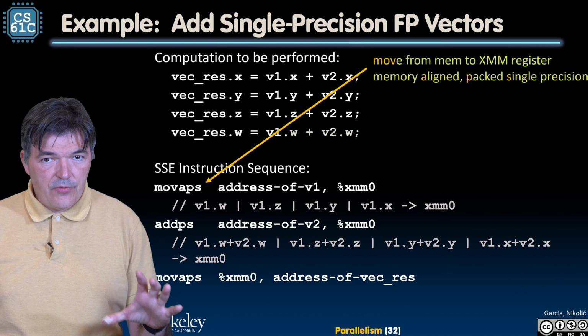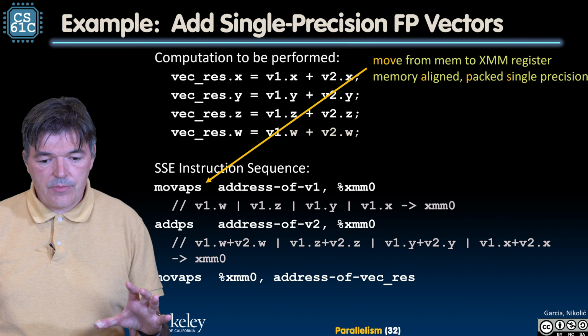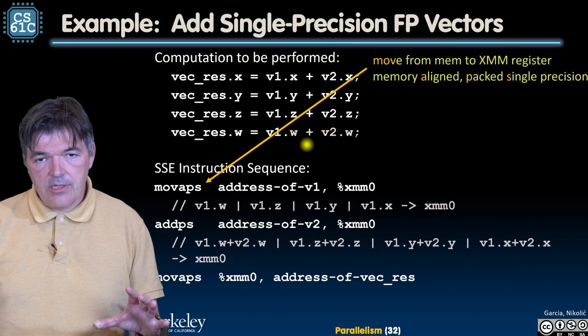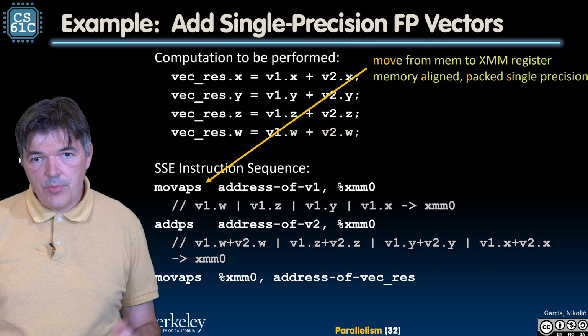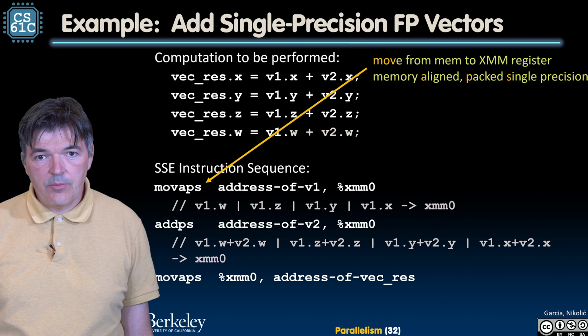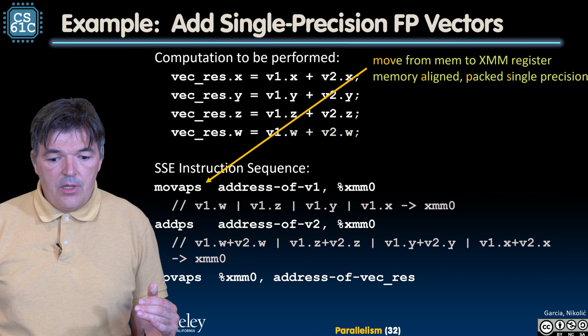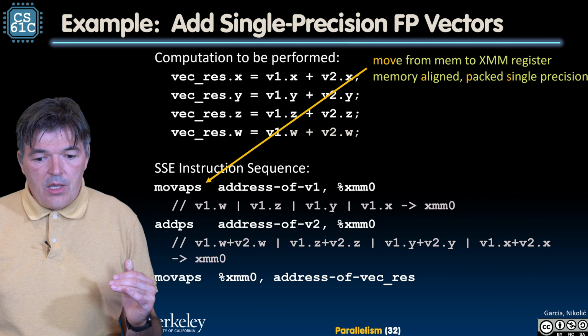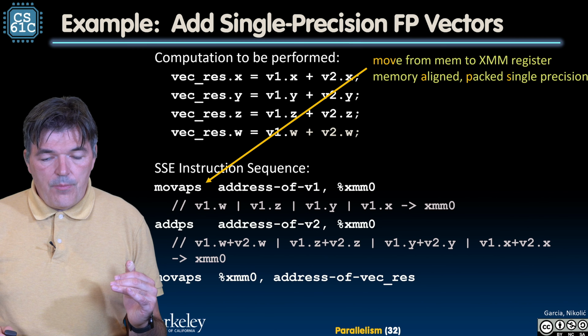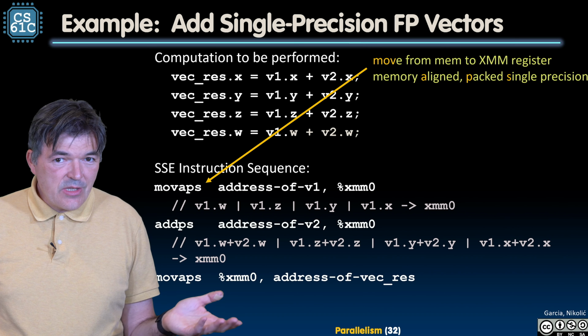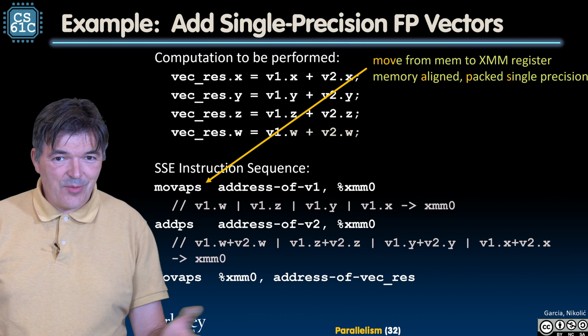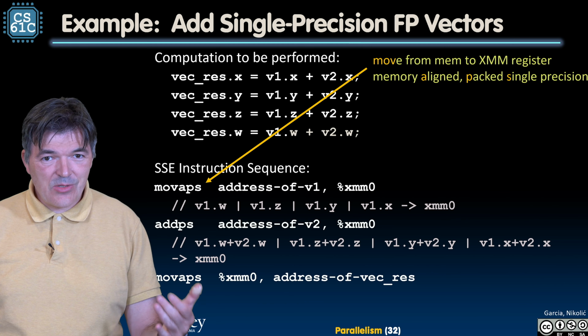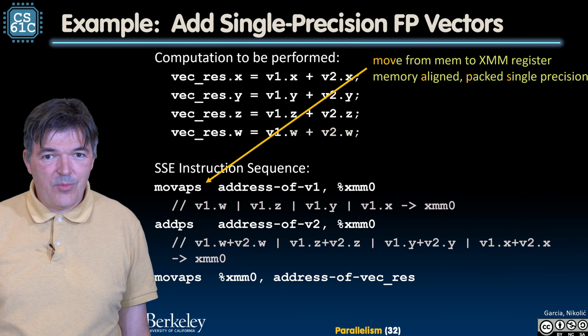So the 4 suboperands x, y, z, and w are going to be 32 bits, forming a 128-bit vector. Packed single precision just basically means that they're packed as single precision operands within the 128-bit vector.